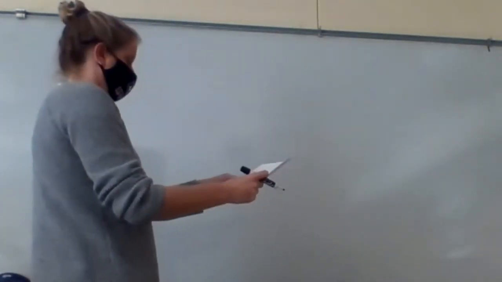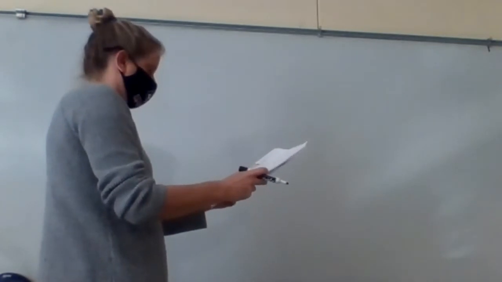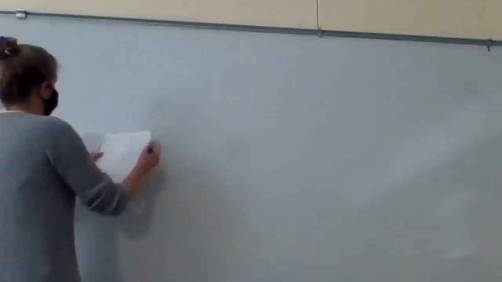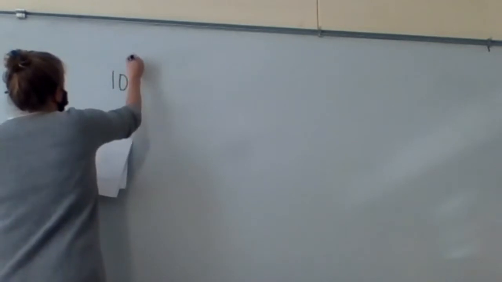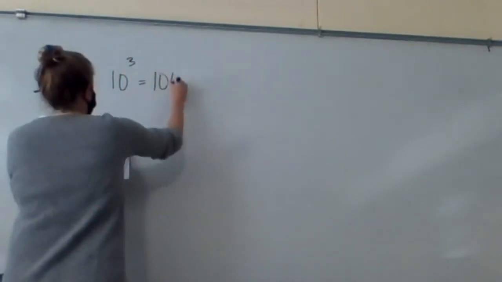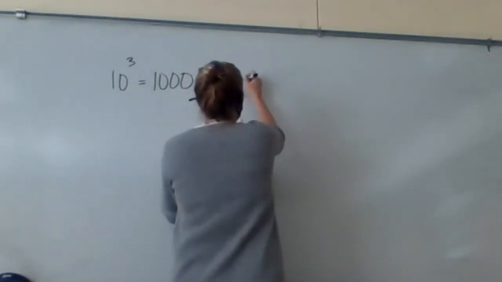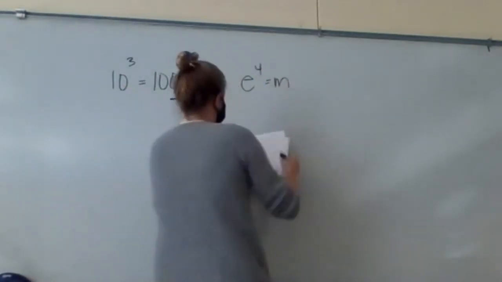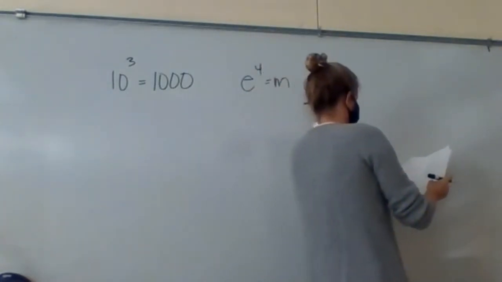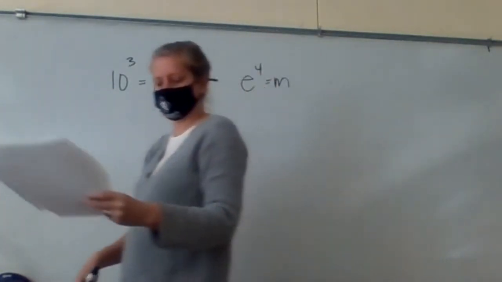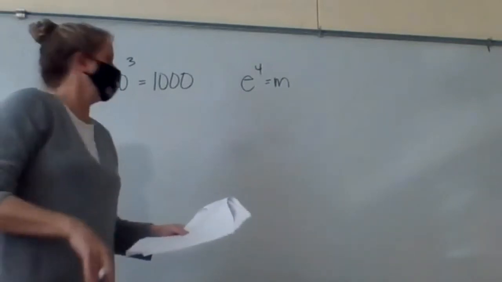So I'm actually going to write them all out to show you that this is the same process for each one. So number 10 is 10 to the third power equals 1,000. Number 11 is e to the fourth power equals m. Oh no, there's only 2. Sorry. After that, we're going the other way.